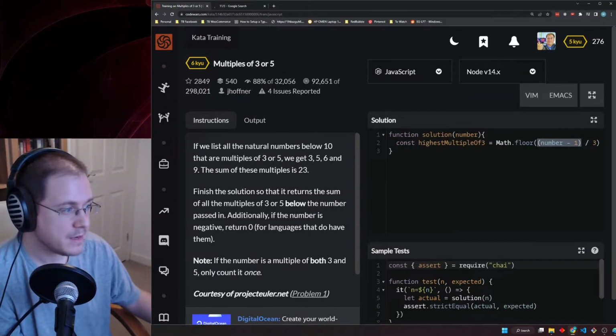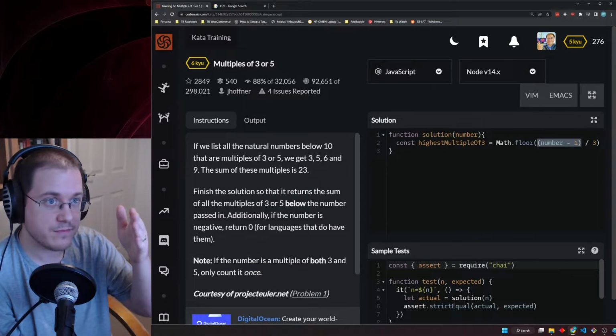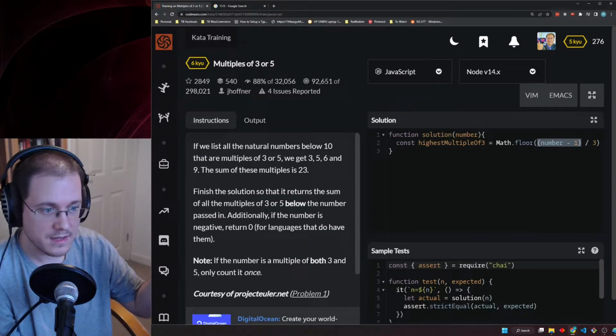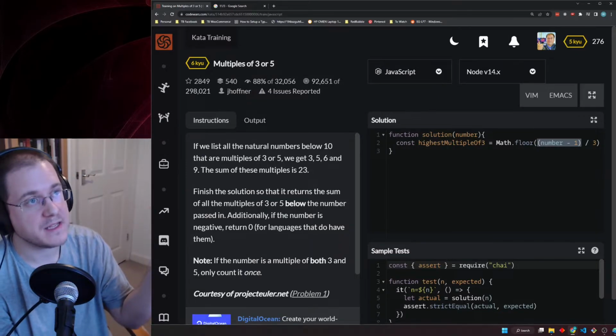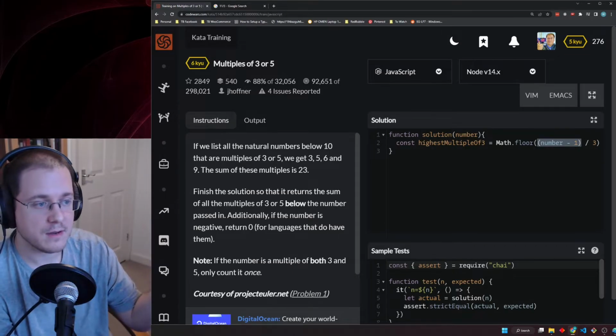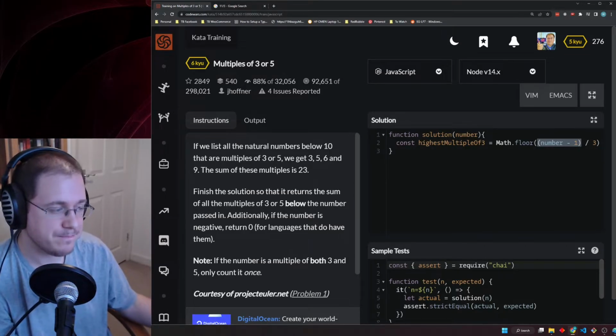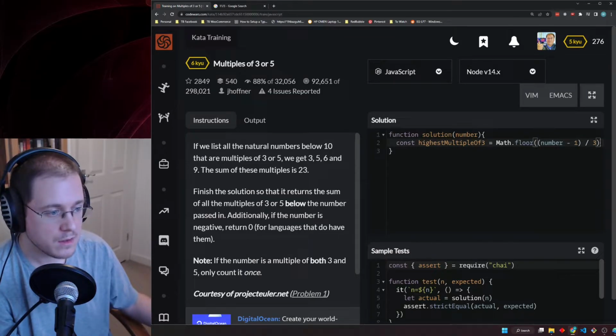And then we would take the floor of that, so 3. So essentially, 3 times 3 is 9. So we've basically got the third item in the 3 times table. So 3 represents that. So that's good.